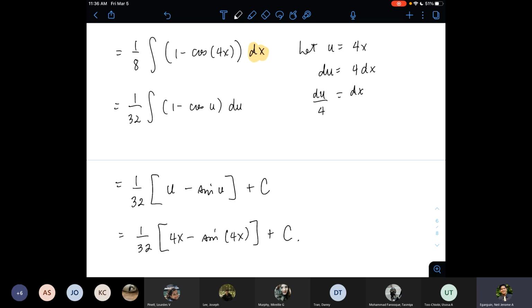But here we are using trig identities almost in all of the problems that we have dealt with. Any questions on the process? Because it's up to you to review the trig identities, but I hope the process makes sense.